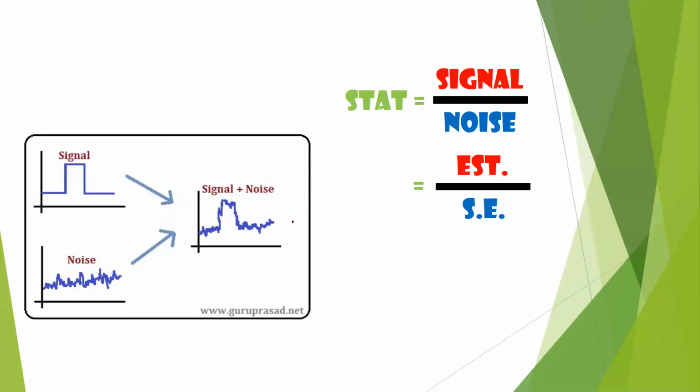So this is what we do. This is the real signal, but when you use some machine or instrument to measure it, sometimes the data you get involves background noise.